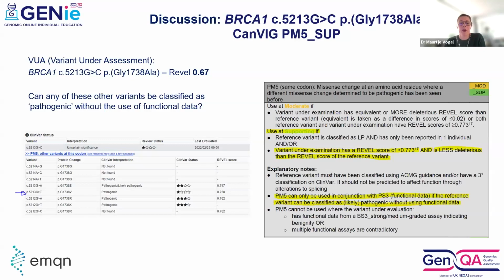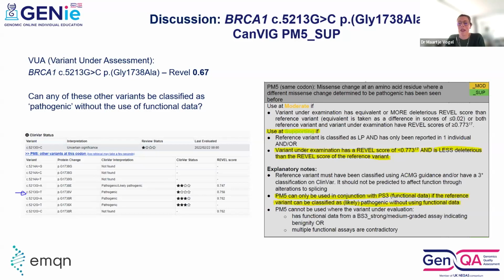The REVEL score of our variant is 0.67. And as you can see, highlighted in yellow on the right of the slide, when your variant has a REVEL score below 0.773, you should use PM5 at level supporting.